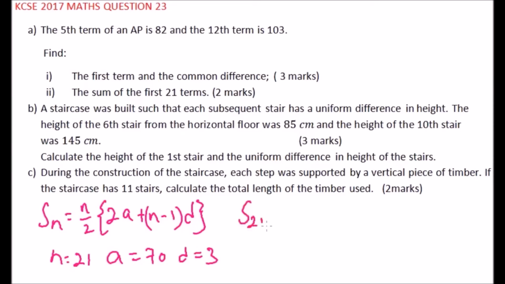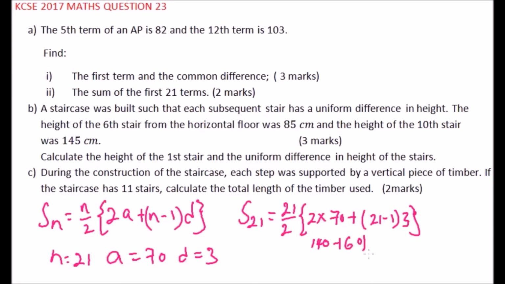So the sum of the first 21 terms is equal to 21 over 2 multiplied by, A is 70, 70 times 2 is 140, plus 21 minus 1 multiplied by 3, and we close the bracket. That's 140. 21 minus 1 is 20 times 3, so it is plus 60.